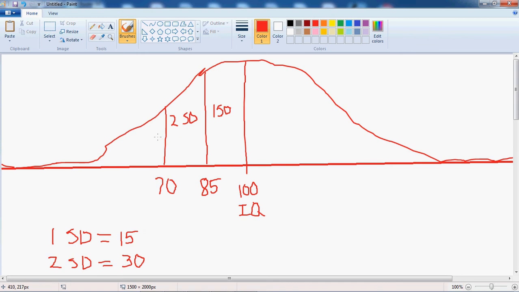And if they score around here, below two standard deviations in a certain area, then it might be, it's different than the IQ. So that's the important thing right there. That's how we determine a learning disability in a certain area.